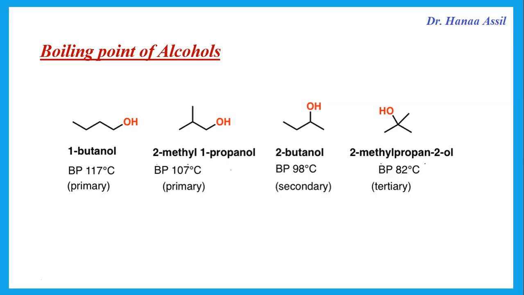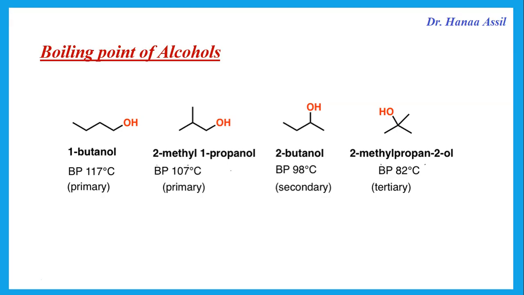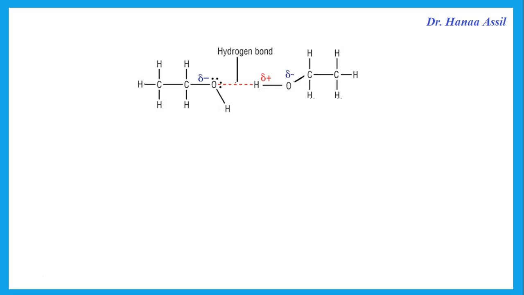So, to determine the relative boiling points of alcohols, first of all, more carbons, higher boiling point. More branching, lower boiling point. So, a straight chain would have higher boiling point than a branched chain with the same number.